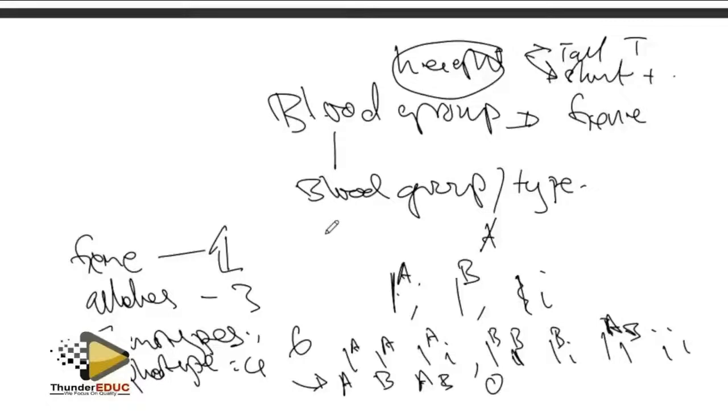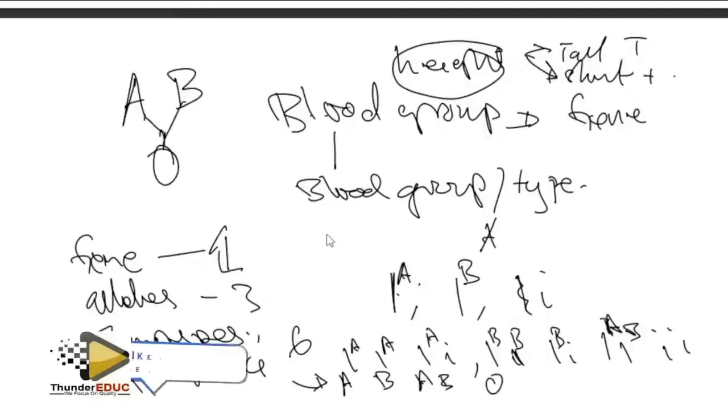Now, a tricky question can come. A man who is blood group A married a lady who is blood group B, and they produced a kid of blood group O. Show how this is possible.